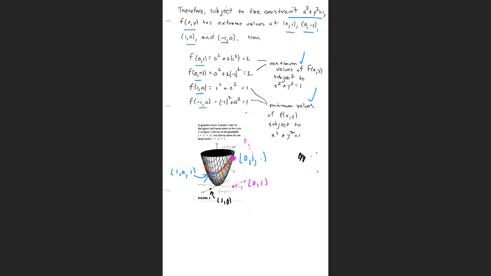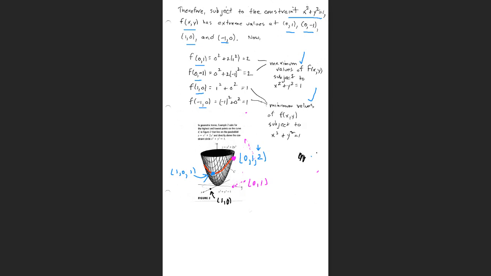No, 1's here. This is 1 here. This point has to be higher than that. So all I want to know is what the z coordinate is. There we go. That's right. You see, when x is 0 and y is 1, z, the function value, equals 2. So 0, 1, 2.